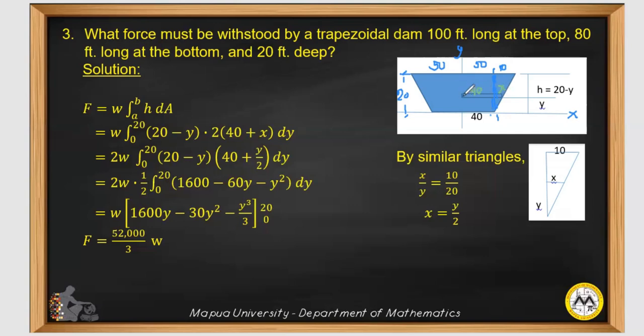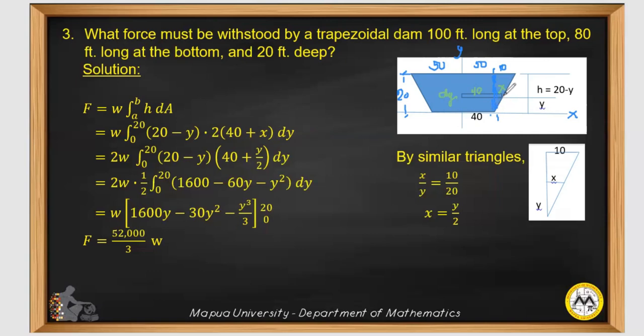Since we have the other half on the left, on the second quadrant, we will just multiply the element by 2. So that will give us 40 plus x times 2, then times the thickness dy. That is the differential area. Now, what about h?